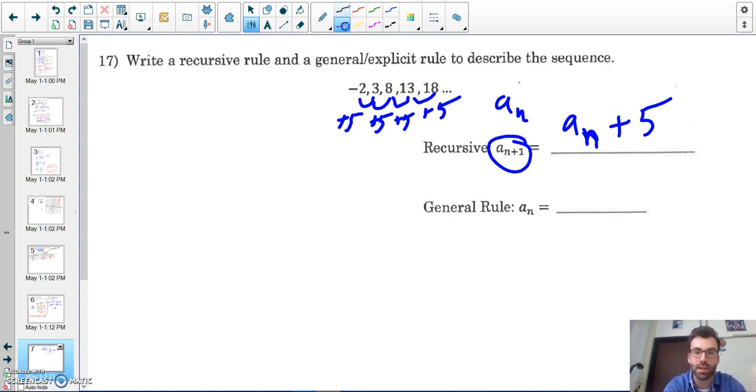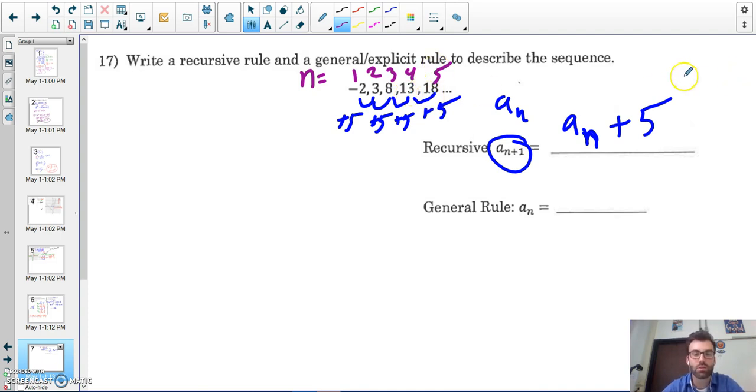I want to think about, just like in the video, if this is my first term, this is my second term, third, fourth, fifth. What am I doing to 1 to get to negative 2? What am I doing to 2 to get to 3? 3 to get to 8, 4 to get to 13, 5 to get to 18.